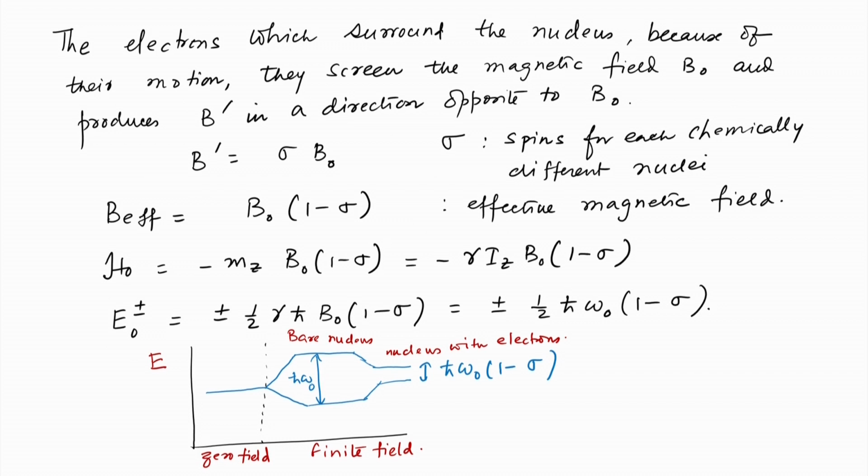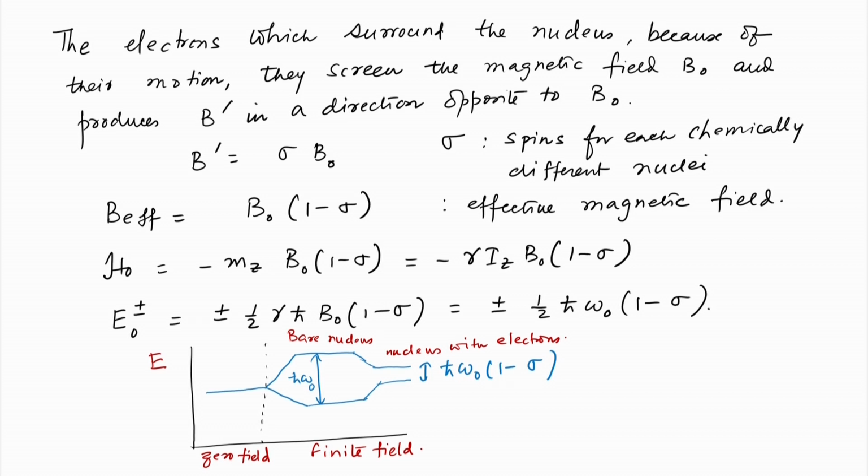So, this is minus half h cross omega naught, this is plus half h cross omega naught, and then because of the screening by the electrons, the splitting reduces, and the top one has a value which is plus half h cross omega naught 1 minus sigma, and the lower one has a value which is minus half h cross omega naught 1 minus sigma.